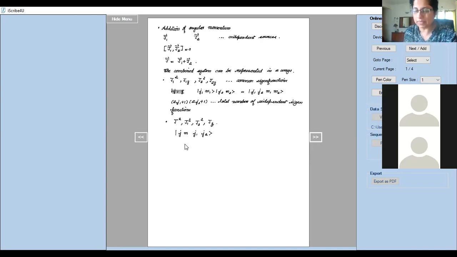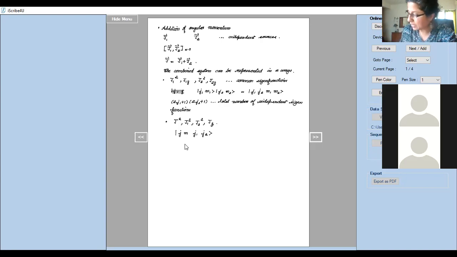I'm hoping that you have heard that there are two ways of representing the combined system. One is by using common eigenfunctions of J1 square, J1z, J2 square, J2z. How many linearly independent eigenfunctions will you have over here? It will be 2J1 plus 1 into 2J2 plus 1, right? What is the other case? You can use common eigenfunctions of J square, J1 square, J2 square, and Jz.